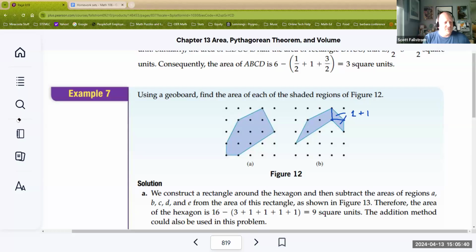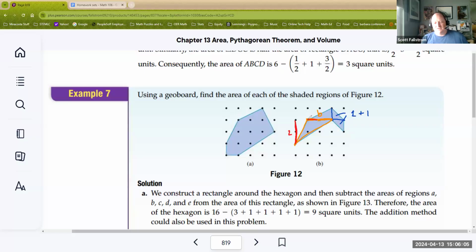Now the last little bit that I have, let me erase this unit over here, is this kind of weird triangle. And that's where it's really going to be helpful if you do remember how we form triangles. Triangles are base times height. And so if you think of this triangle right here, the base could be this piece right here because it's 2 units, and I can count that very quickly. But then the height has to be that perpendicular component, which would be right here, which is also 2 units.